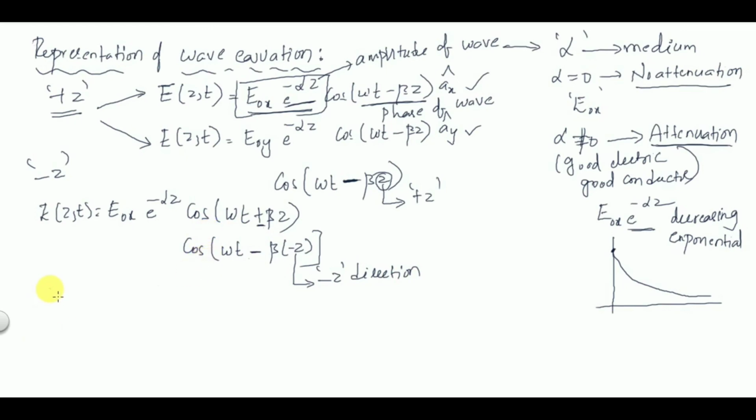Suppose the wave is traveling in plus x direction. Okay, so if we have 3 coordinates, x, y and z, we can take the wave traveling in any direction of interest. If the wave is traveling along plus x direction, how will the equation E of x comma t be?